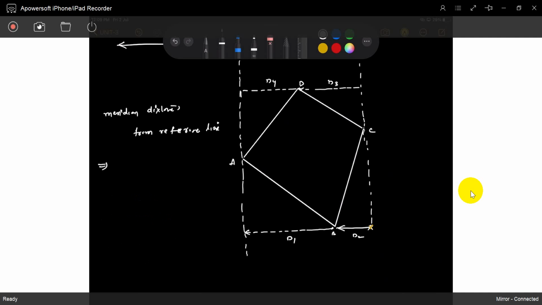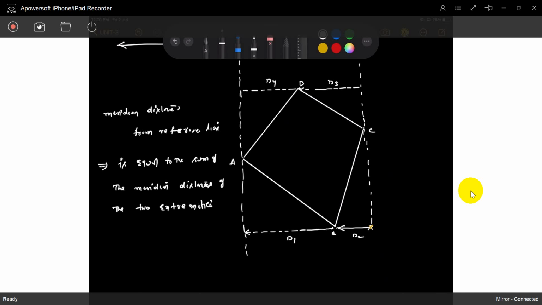The double meridian distance is equal to the sum of the meridian distances of the two extremities.